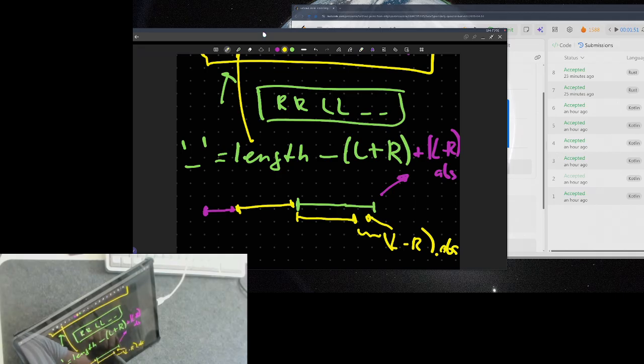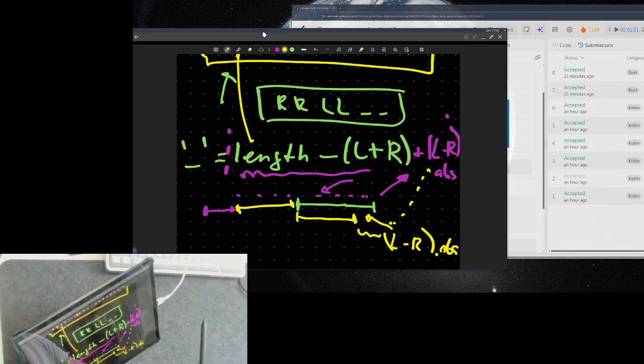Now in our formula, we take this length, then we remove this part, and then we add back this part.